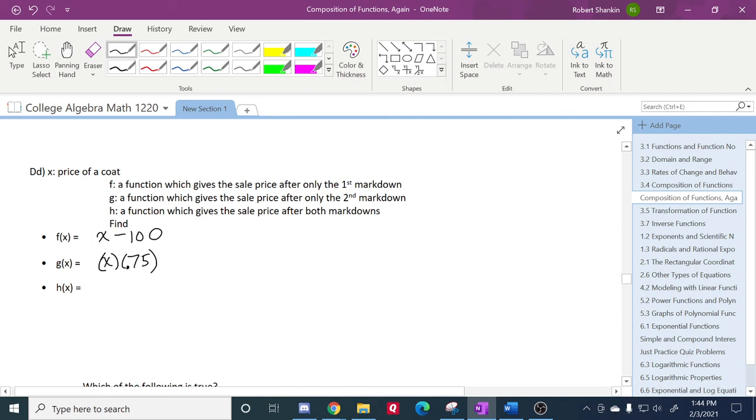Because per means divided by, cent means 100. 75 divided by 100 is 0.75. You could do x times 0.75, or you could have put the 0.75 in front and made it 0.75x. Either way. What do you have for h of x? X minus 100, in parentheses, times 75%.